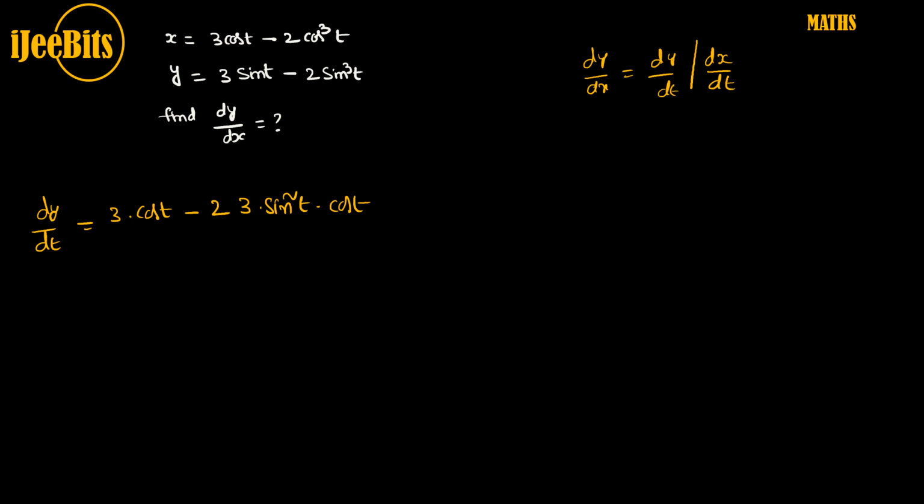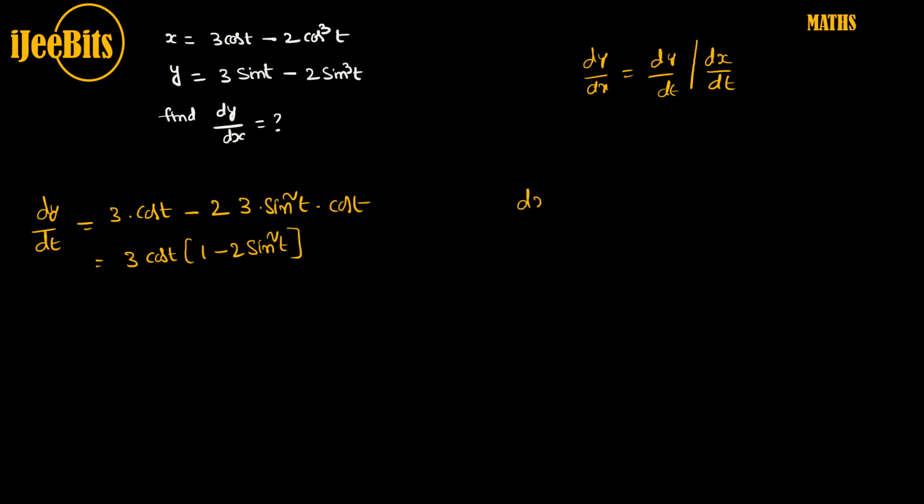I'm just checking one more time. 3 cos theta, 3 sine square theta, and the differentiation of sine is cos theta. Right? So if we take 3 out, 1 minus 2 sine square theta.